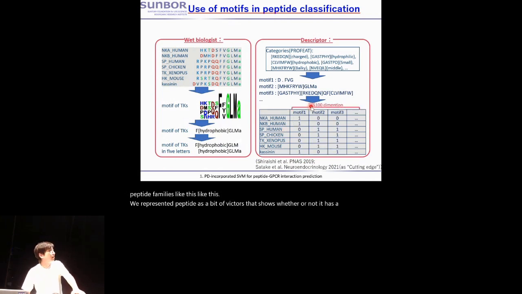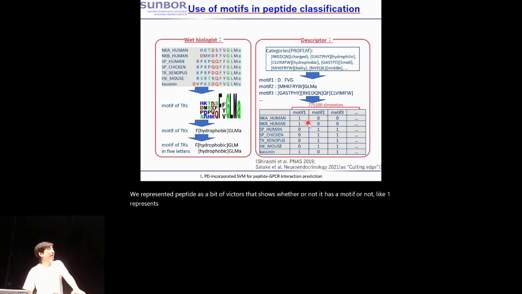Like, 1 represents it has the motif, and 0 represents it has no motif. And this motif contains a single amino acid or amino acid categories defined in the Z-scale descriptors.